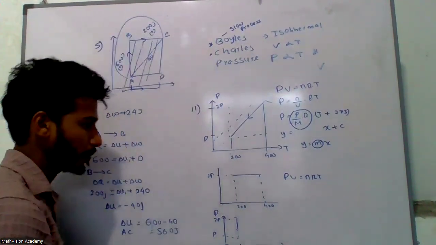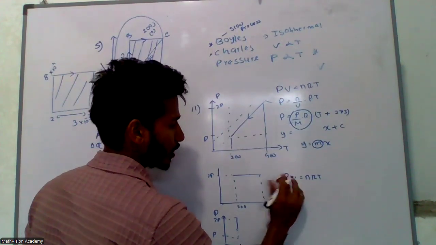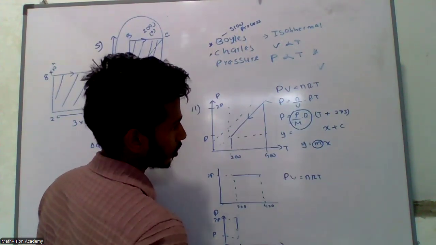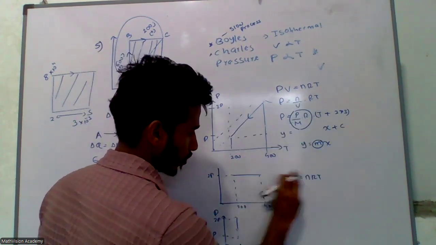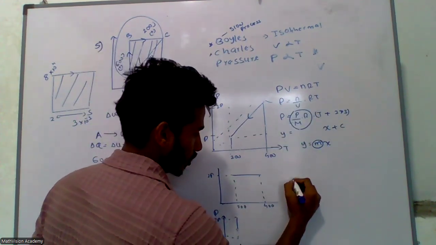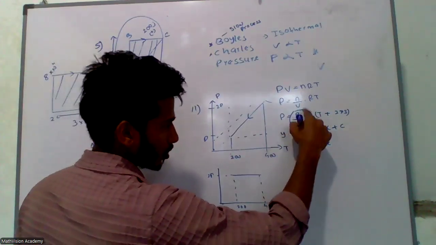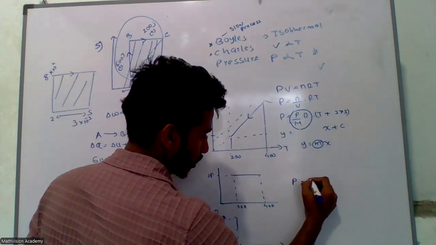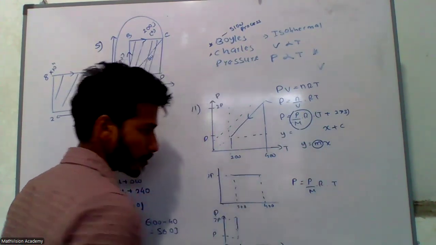Let's look at that. If I write the equation, this is my equation: pressure is equal to density over molar mass, R into T.